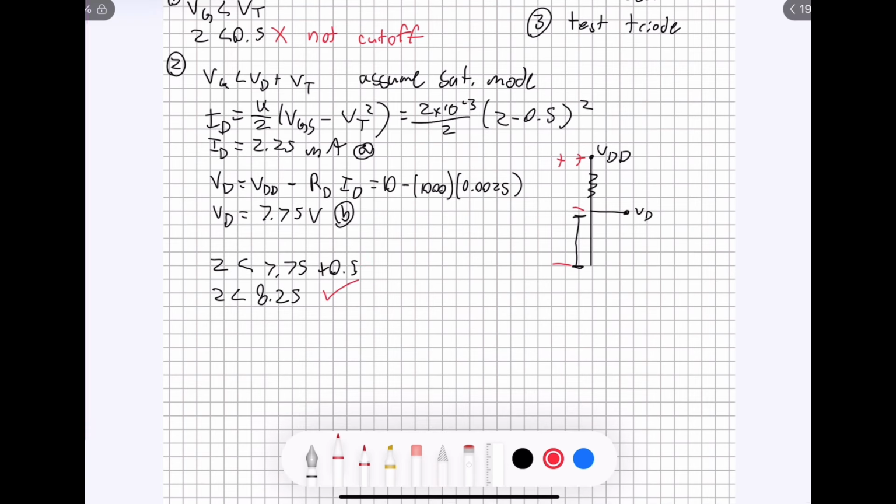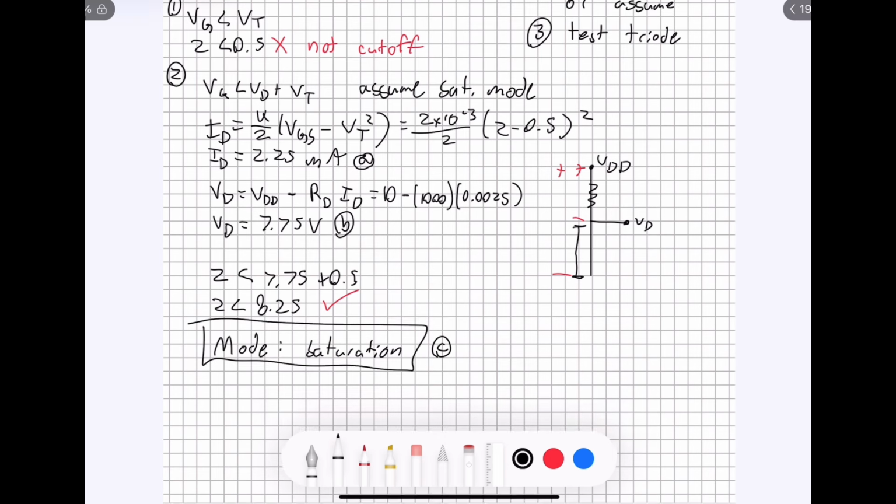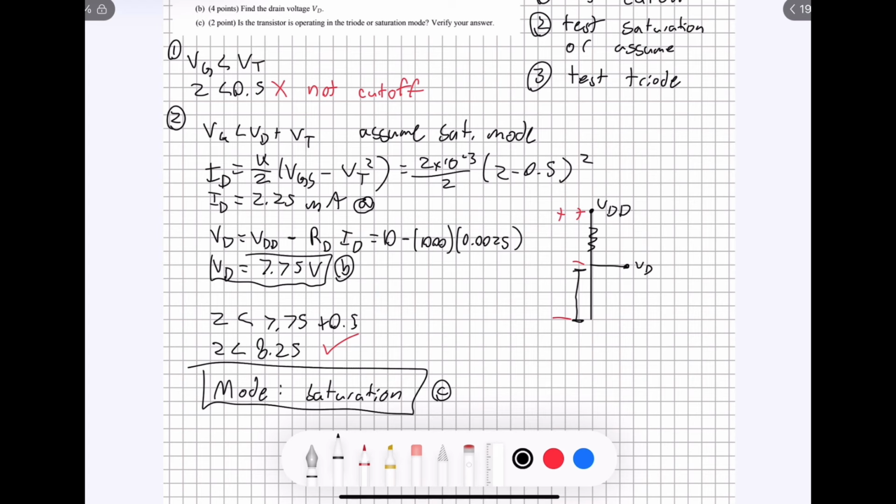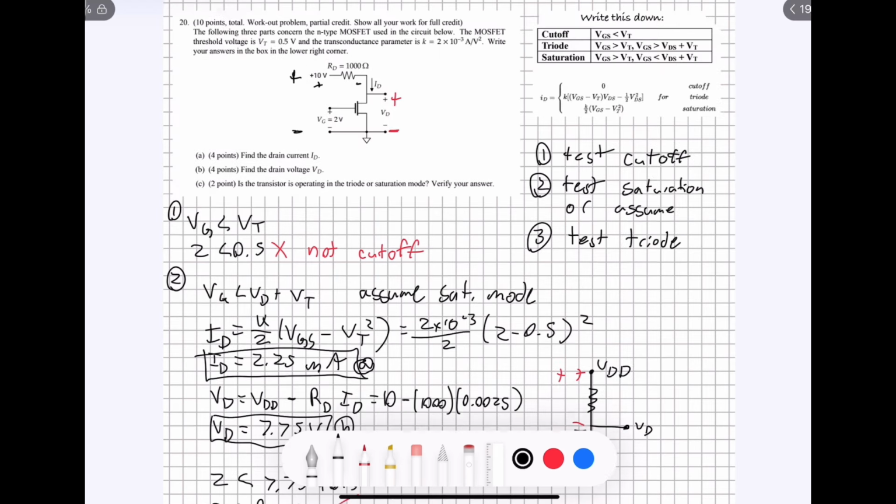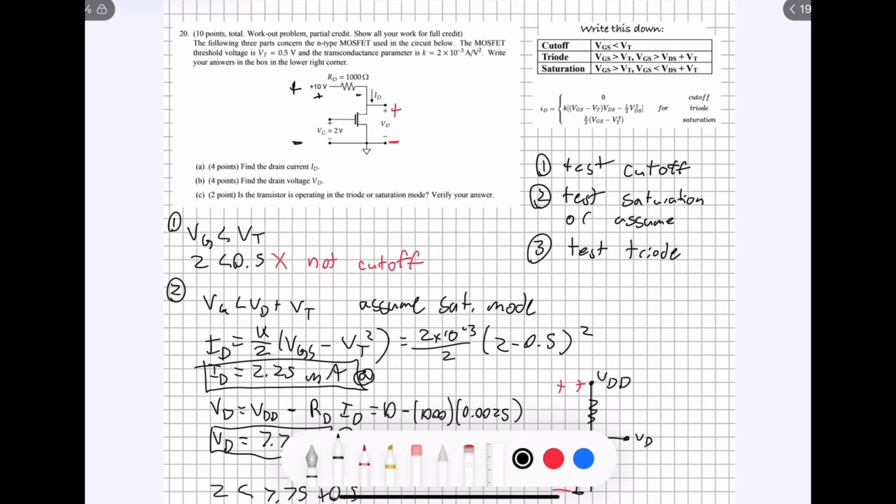So we were correct in our assumption in assuming that this was in the saturation region, which is excellent. We can say that our mode is saturation. That is the correct answer for C. And we know that these two answers for VD and ID are going to be the correct answer for this problem.